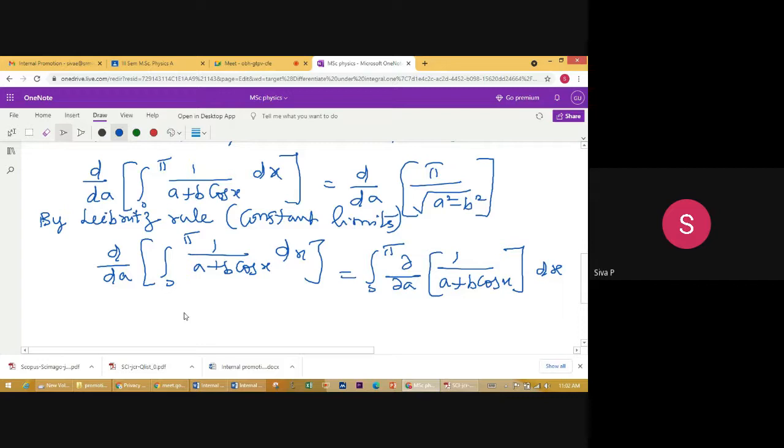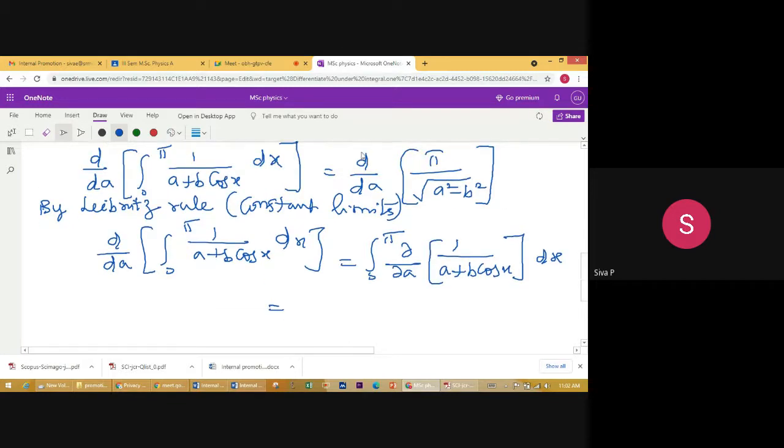What about the right hand side? Dou by dou a. Okay, so you are differentiating with respect to only a, so the ordinary d by da will become dou by dou a, because you are partially differentiating.